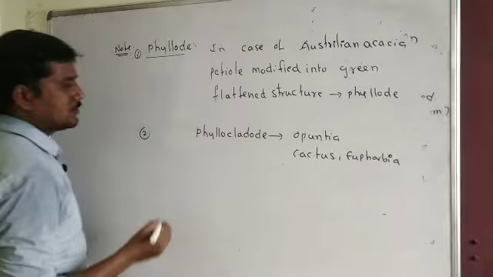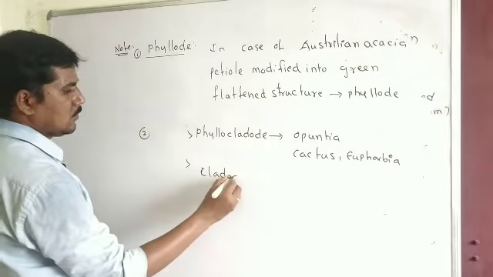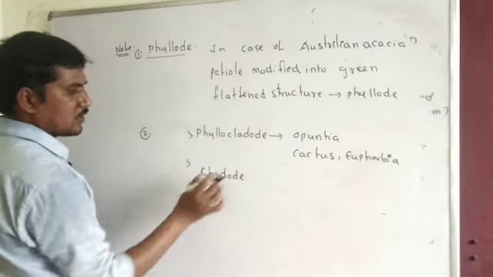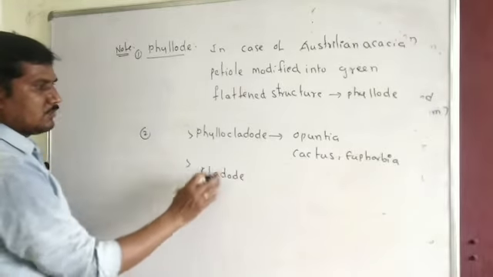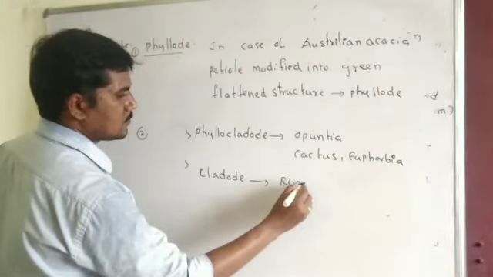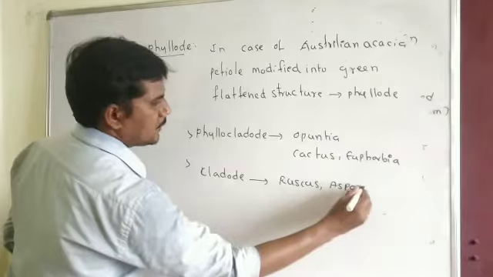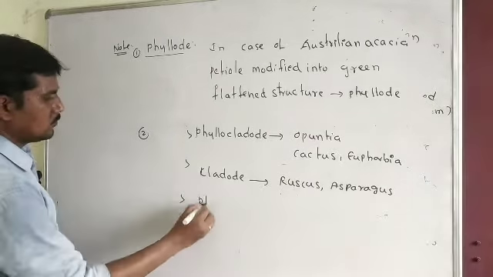Next, under this only, cladodes. If a phyllocladode consists of at least one internode region or more, we call it a cladode. Example: Ruscus, asparagus.